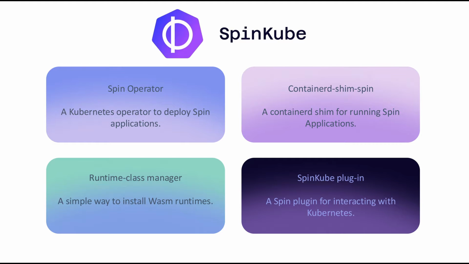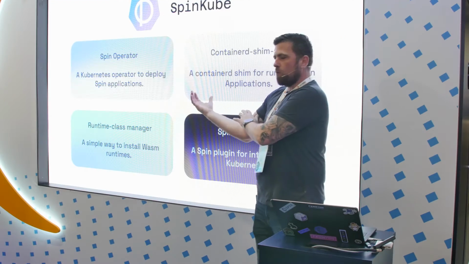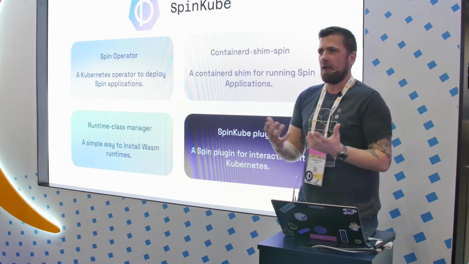We have a runtime class manager, which is essentially a node installer image that takes the container shim and deploys it onto your nodes. And we have 2 CRDs that will be deployed to your cluster. One is the Spin app that represents a workload, and the other one is the executor, which is basically a loosely coupled mechanism to link an app to one of the executors that you may have in your cluster.